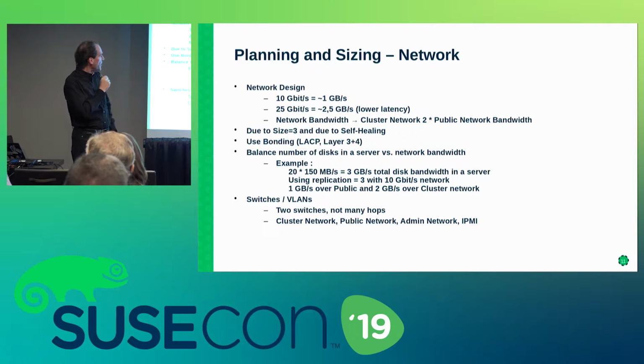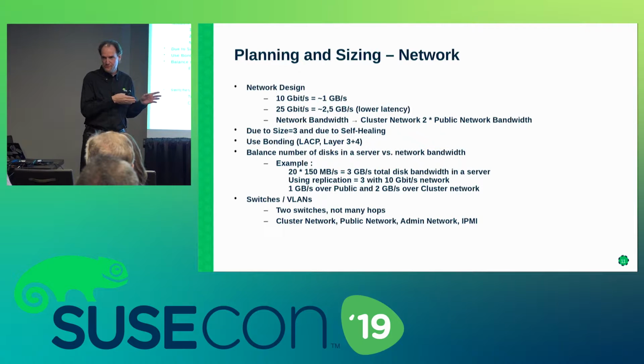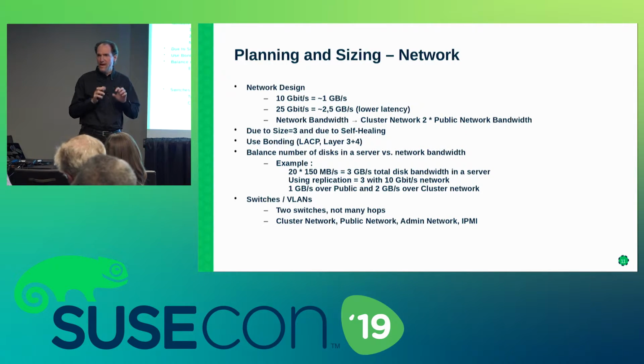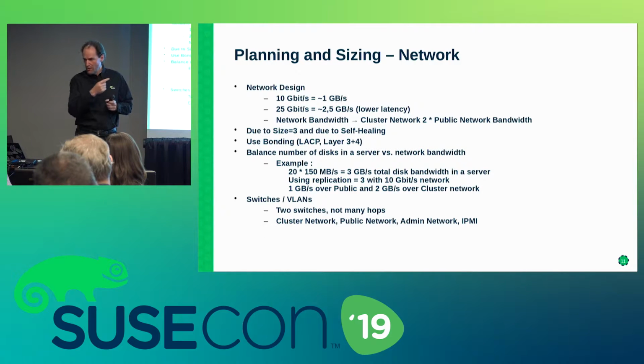And we always try to ensure that the cluster network is twice as thick as the public network. So the cluster network is used for replication and recovery. Because in replication, we have the write amplification. So we are writing, for example, with 1 megabyte per second through the public network to the system. Then we have to create 2 copies, which is basically double the incoming what we see on the cluster network.